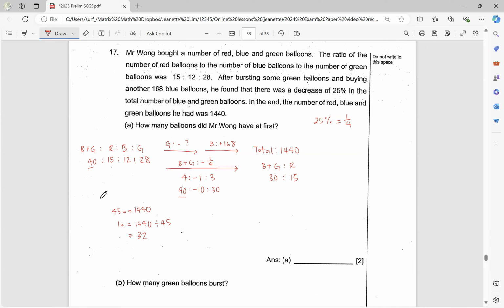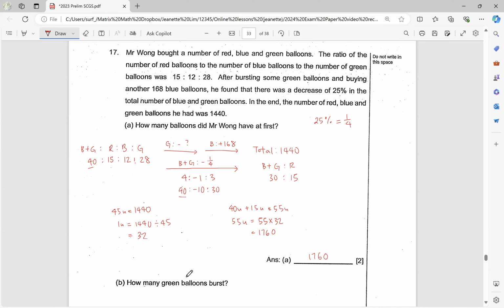Or you can do blue and green plus red, 40 units and 15 units, which is 55 units. So 55 units is 55 times 32, which is 1760. So that's the total number of balloons at first.